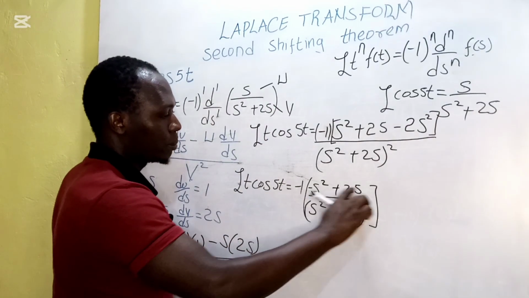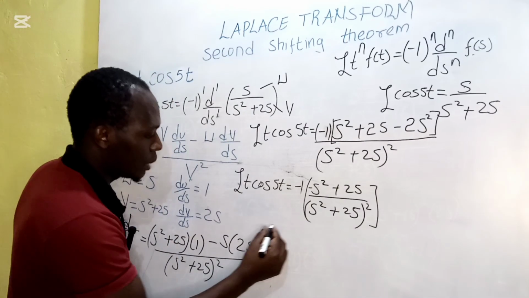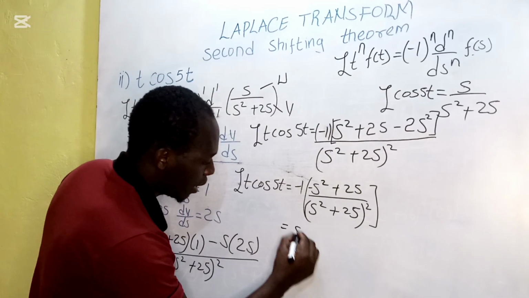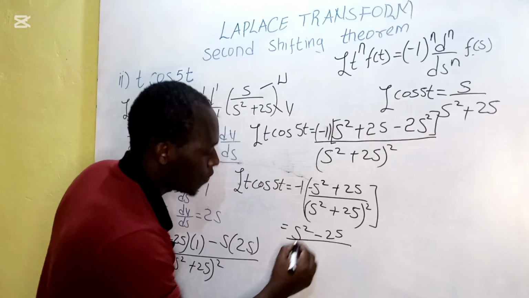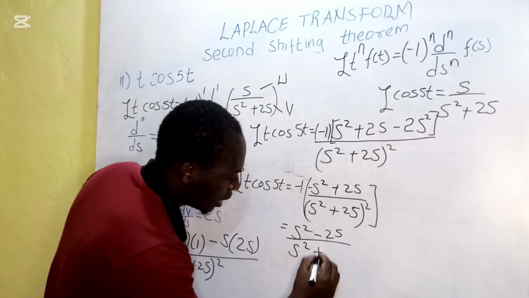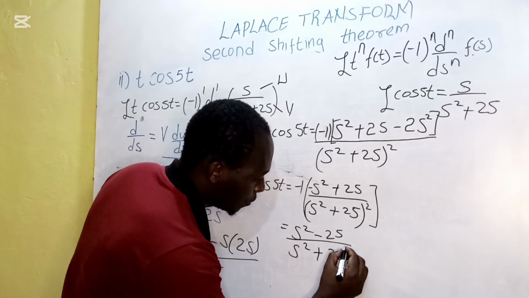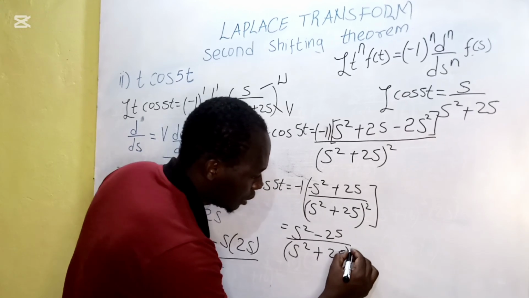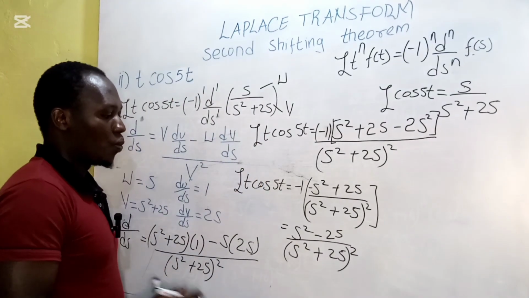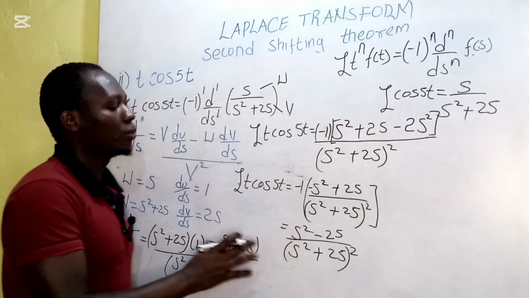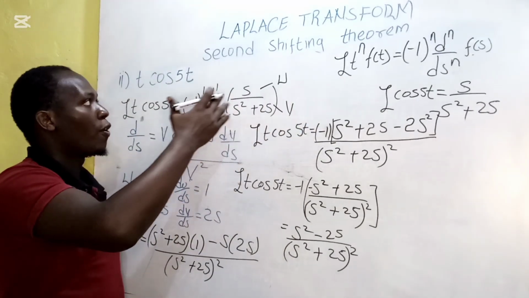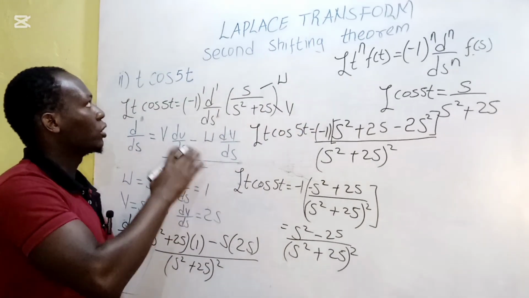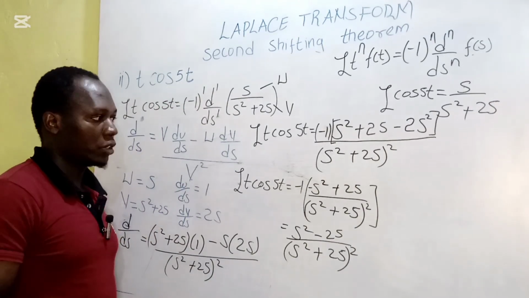Negative 1 multiplied by everything on the numerator, we are going to have s squared minus 25 all over s squared plus 25, but on our denominator everything is squared. And this is how you go about finding the Laplace transform of our function here using the second shift theorem.